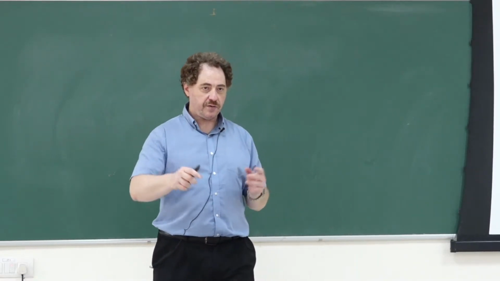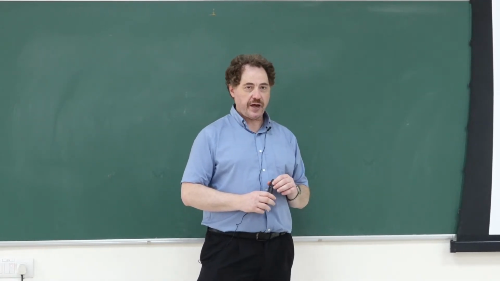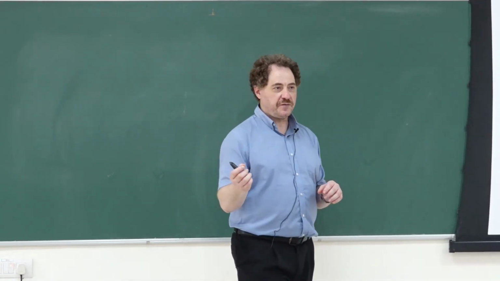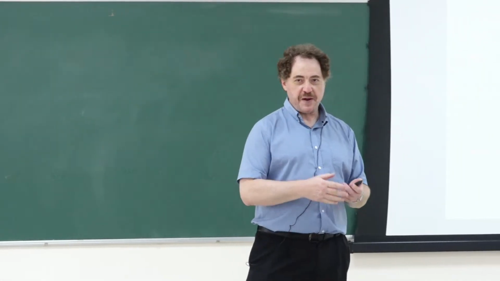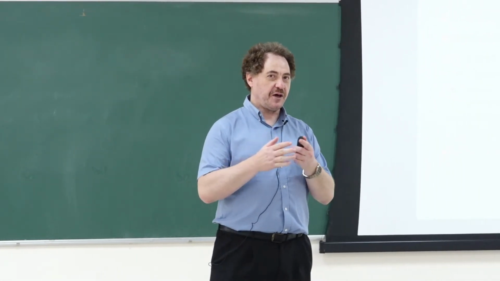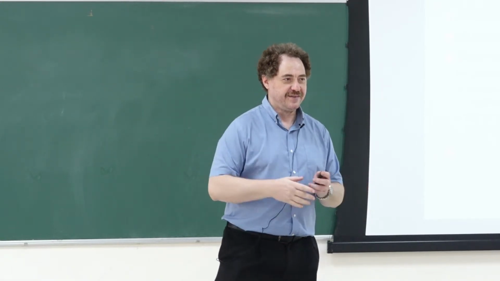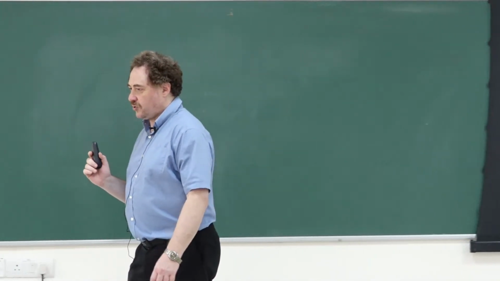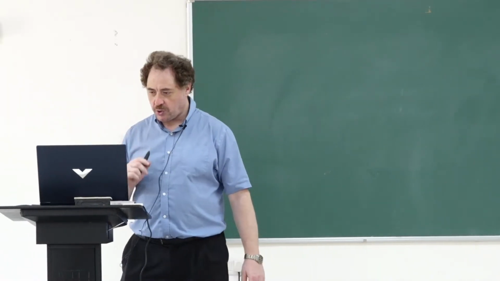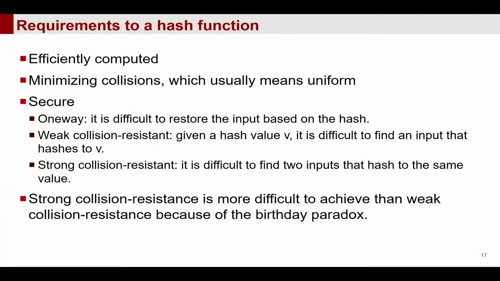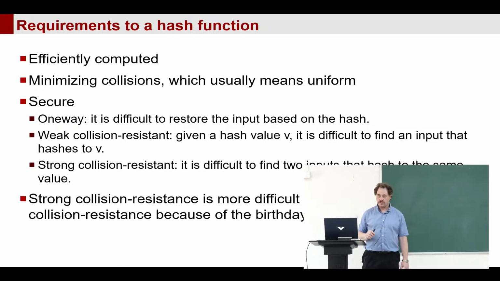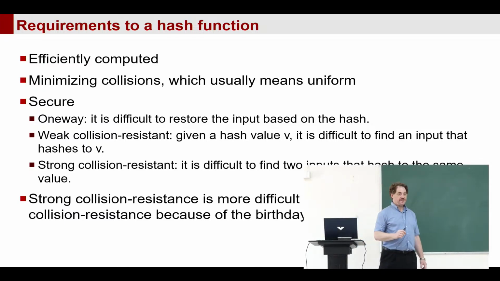Why? Because it breaks all the nice properties. We cannot use it. What's the use of the ID if it's not unique, right? If my passport may turn out to look exactly as the passport of some other person, it's a problem. So therefore, it's important to minimize the collision or to minimize the probability of collision. So what does it mean in practice?